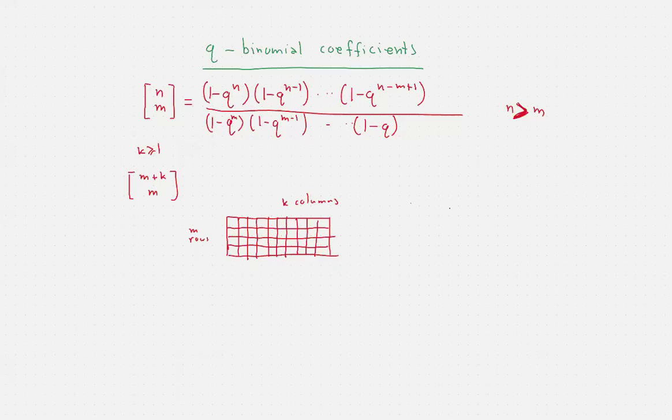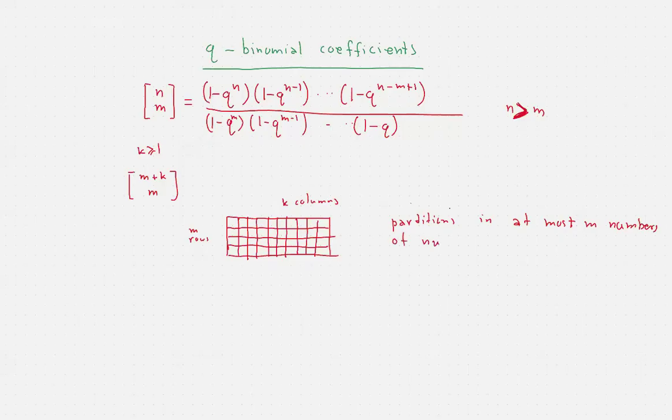So we can have partitions in at most m numbers, of numbers less than or equal to k.